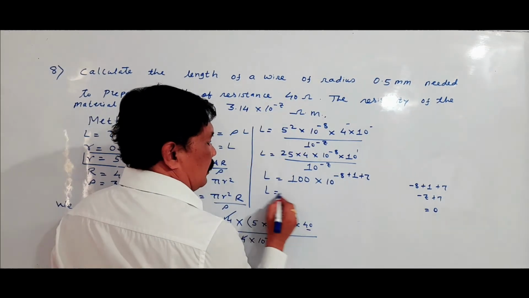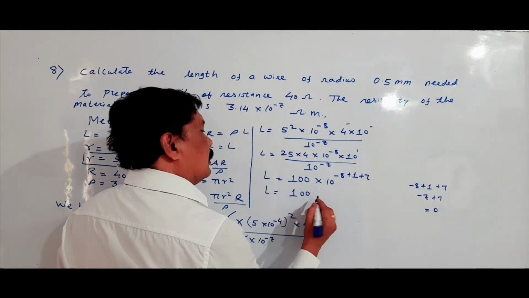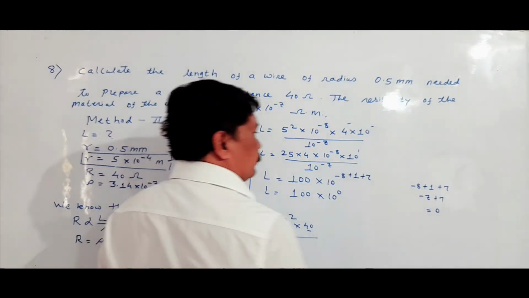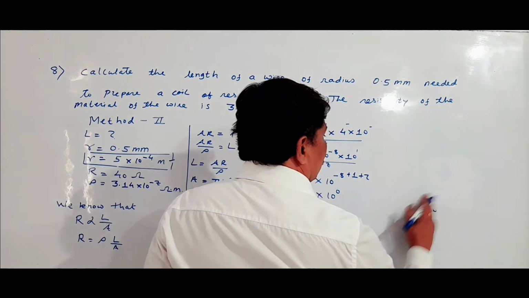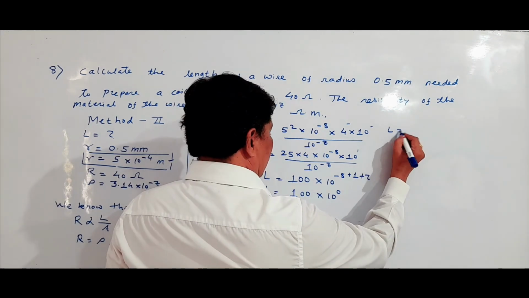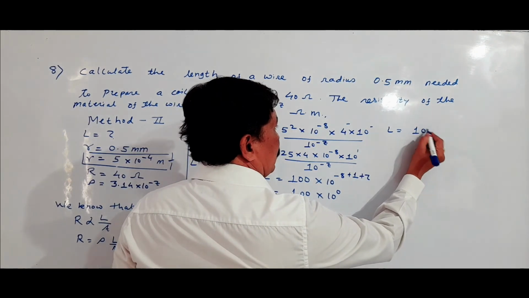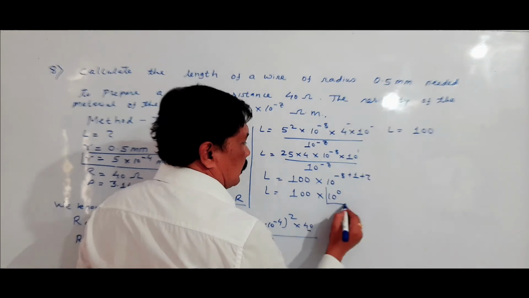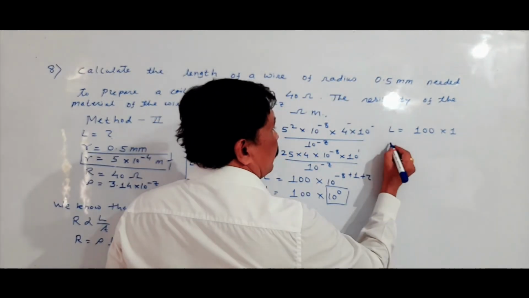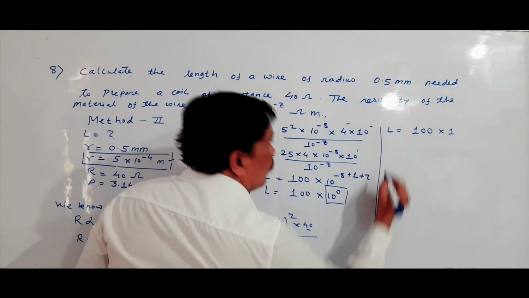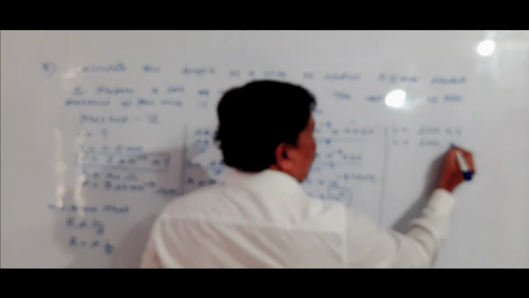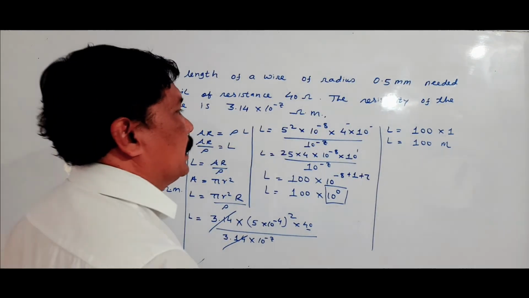So L is equal to 100 into 10 to the power 0. L is equal to 100, 10 to the power 0 means 1, into 1. L is equal to 100 meter.